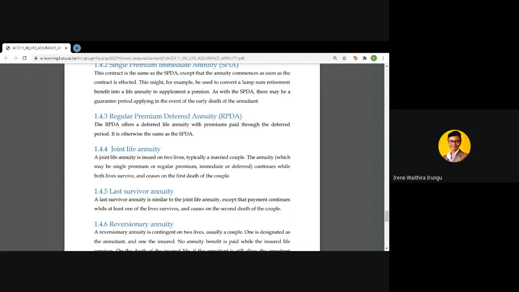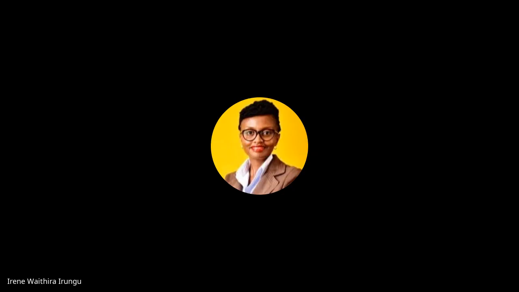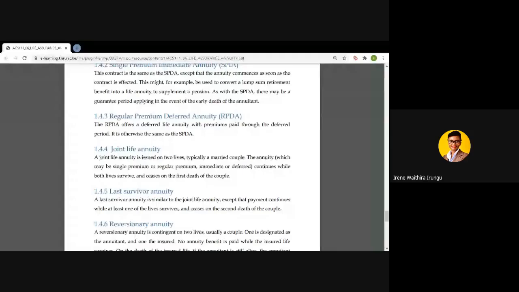In all the cases we have looked at, we have assumed that only one life is being considered. It is possible to have joint life annuity contracts being issued to couples. It's typically couples, because by the time people are retiring, they will more or less be the husband and the wife, because the children will be long gone and will not be under their care anyway.